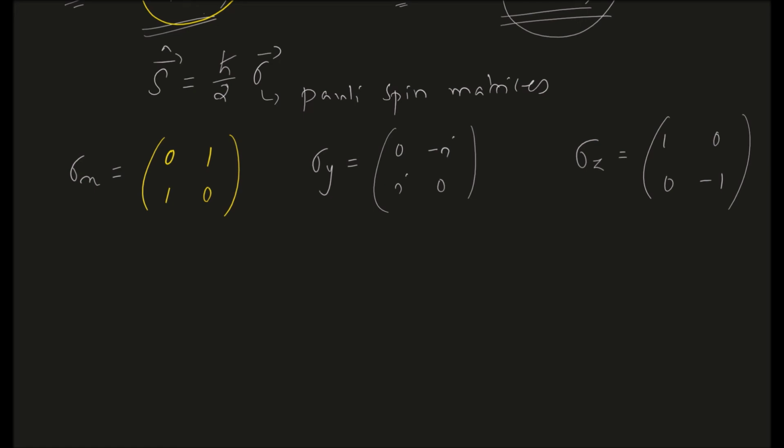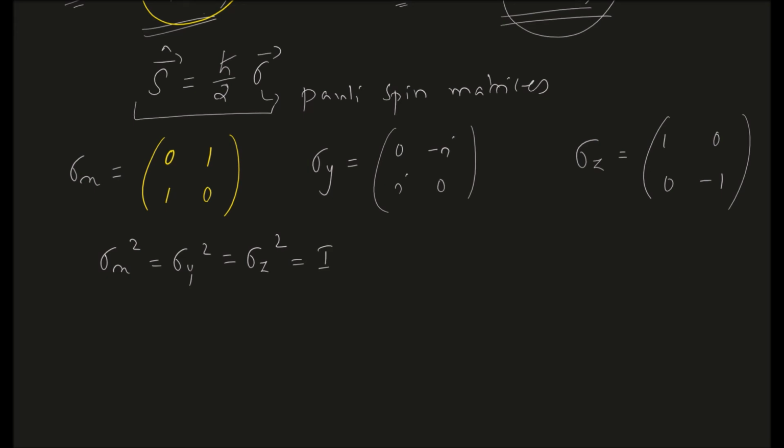So using Pauli spin matrices, we can conveniently represent the spin vector, or the spin vector can be connected to the Pauli spin matrices by this relation. Pauli spin matrices satisfy certain properties, so let's see what those properties are. You can see that the square of any of these spin matrices, for example sigma x square or sigma y square or sigma z square, will give you the identity matrix.